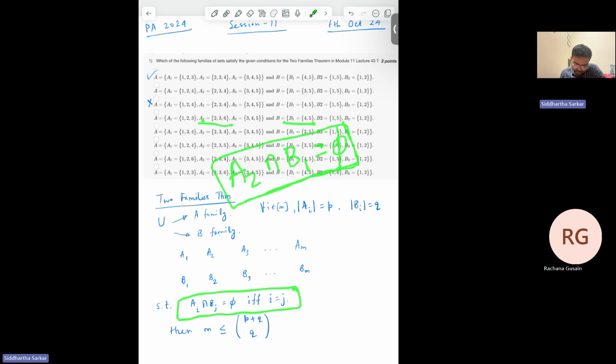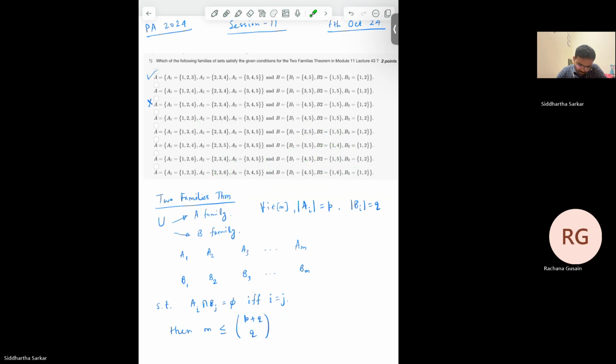Is it clear? Thus, we can right away conclude without verifying anything else that this option also is not satisfying the conditions of the two families theorem.